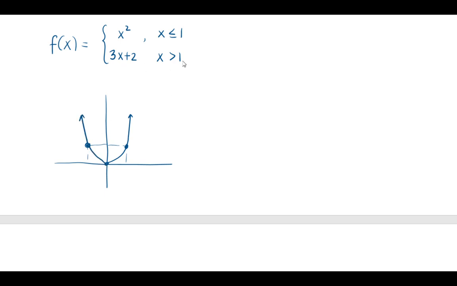Now this one is a line, and you can draw this easily. Let's do a table, but 3x plus 2 only works with values greater than 1. So for that one, x and then y equals 3x plus 2.